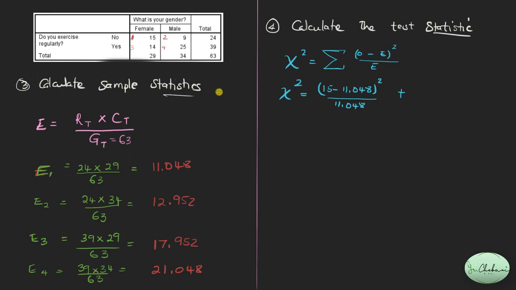Then we move to the second cell, where the observed frequency is 9 minus the expected frequency of 12.952, squared, divided by the expected, 12.952. I'm going to complete this for the rest of the cells, and then we will add them and get our chi-square value.